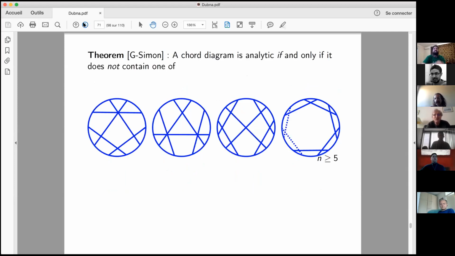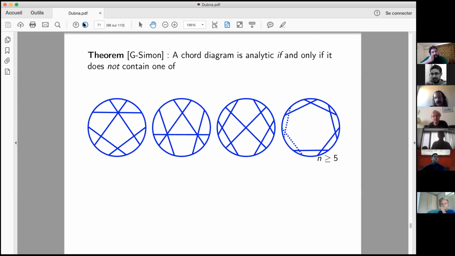A chord diagram is coming from an algebraic curve if and only if it does not contain one of the following configurations. 1, 2, 3, and the fourth one is not one example, it's an infinite family of examples because you have a cycle of length n.